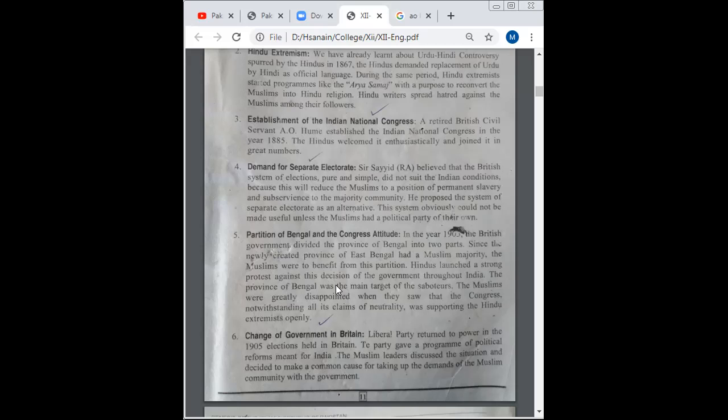The fourth important point is the demand of the separate electorate. Separate electorate was firstly demanded by Sir Syed Ahmad Khan in 1889.